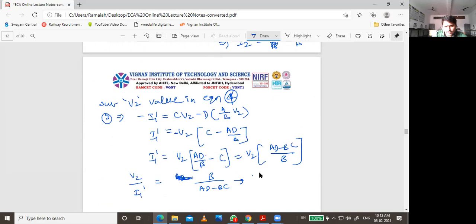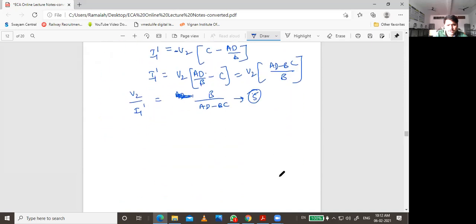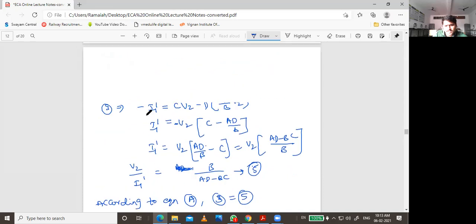Now this is equation number 5. According to reciprocity, according to equation A, the condition for reciprocity is that equation 3 must be equal to equation 5. What is equation 3?